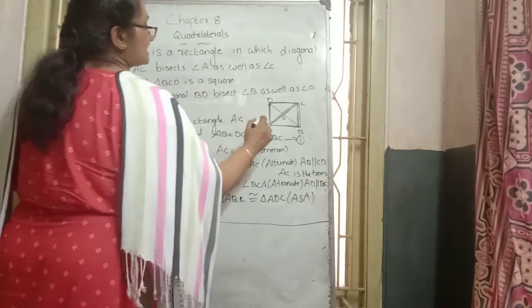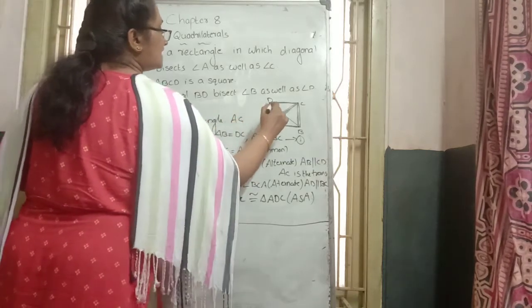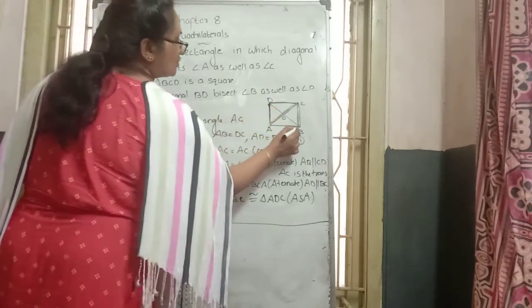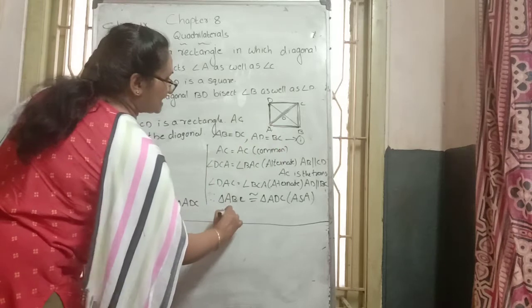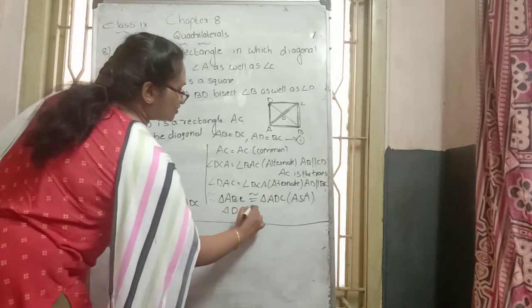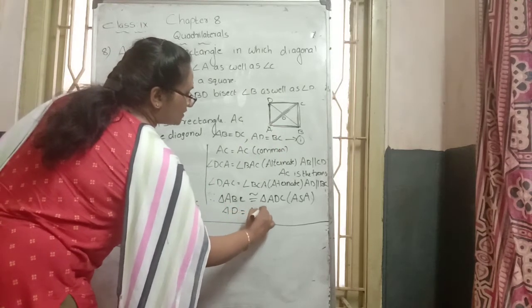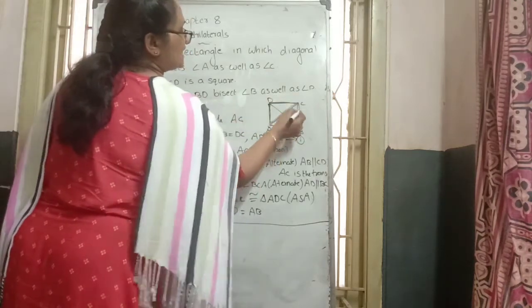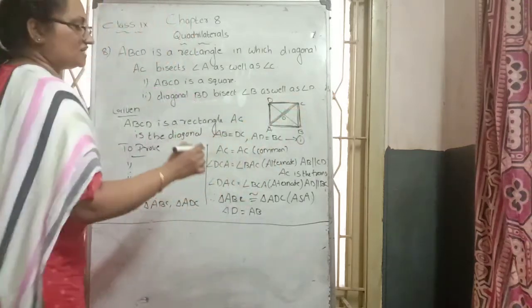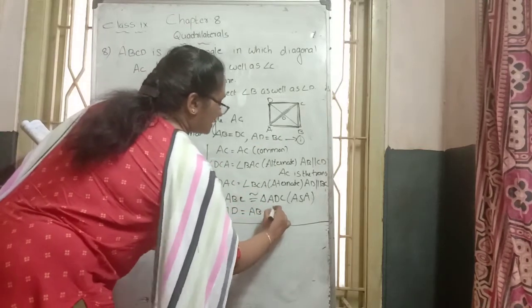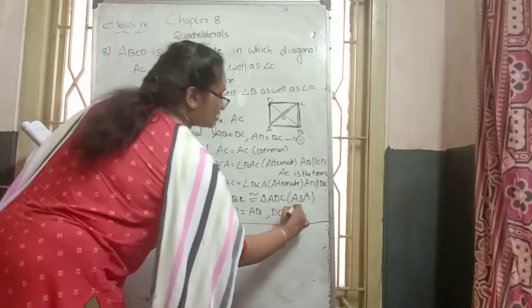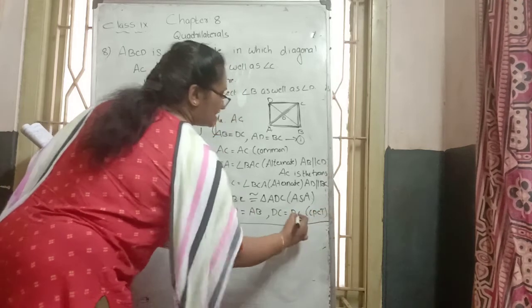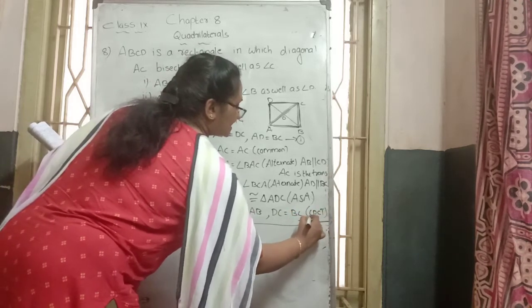AD of the first triangle is equal to AB of the second triangle. Next, DC of the first triangle is equal to BC of the second triangle by CPCT. There we mark it as the second equation.